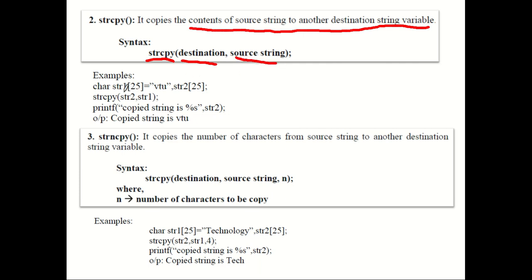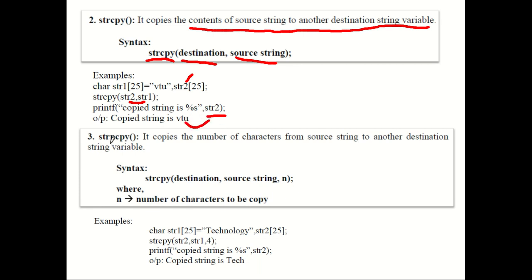Here we have taken two string variables, str1 and str2, and we want to copy the content of str1 to str2. We call strcpy(str2, str1), so the str1 content is copied into str2. We then display the content of str2, which has the value vtu.